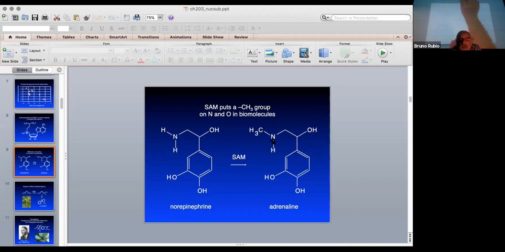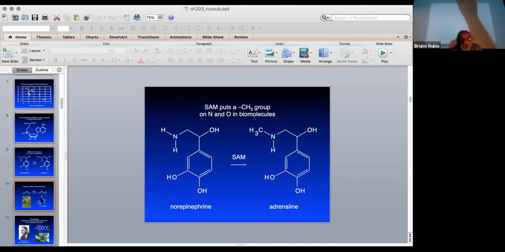So every time in a biological system you see a methyl group on a nitrogen or an oxygen or a sulfur atom, lots of times that methyl group got there by a biological SN2 with SAM as the substrate. And in this case, the nitrogen atom of norepinephrine is the nucleophile.